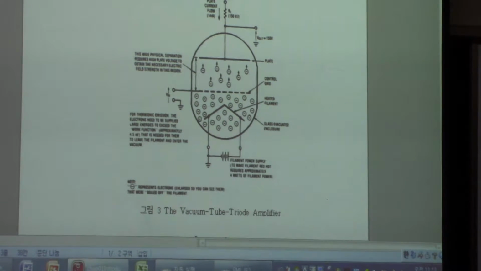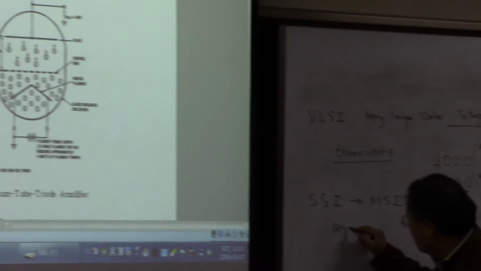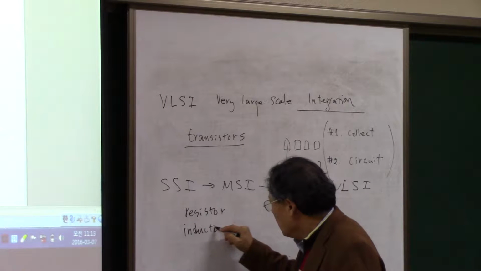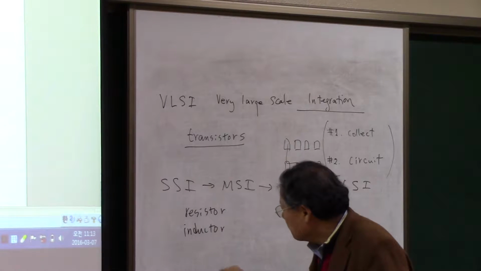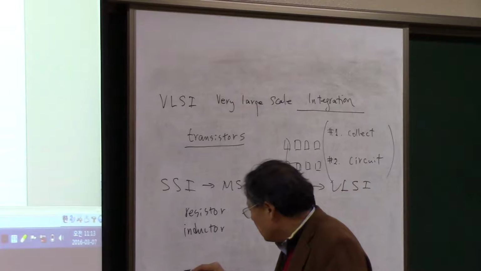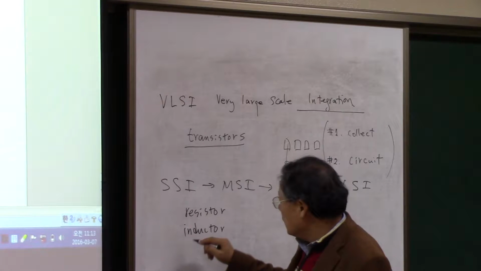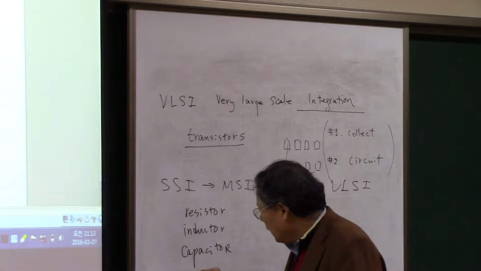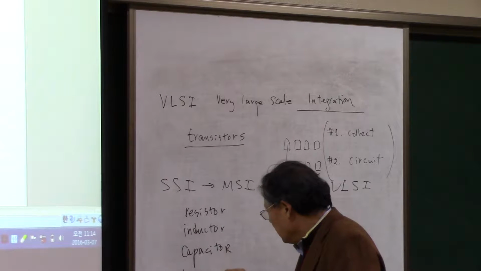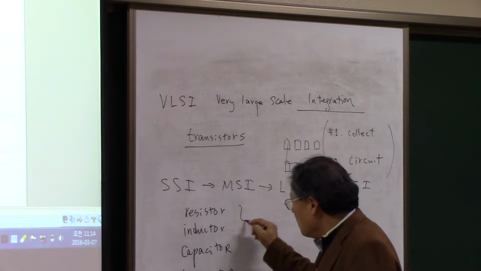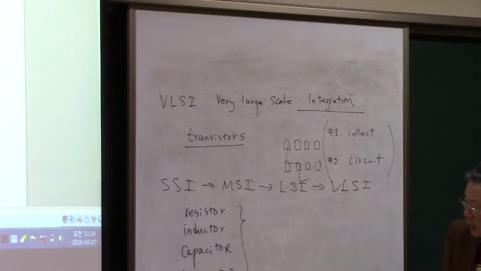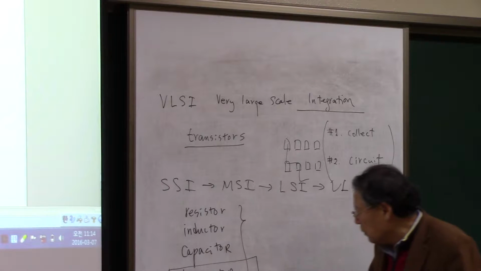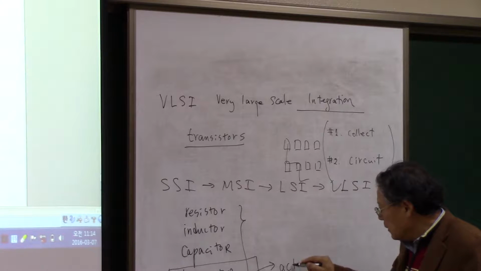Basically we have 4 elements: a resistor, inductor, and a capacitor, and a transistor. Okay. These are the 4 elements of the electronic circuits, and the transistor is called the active element.